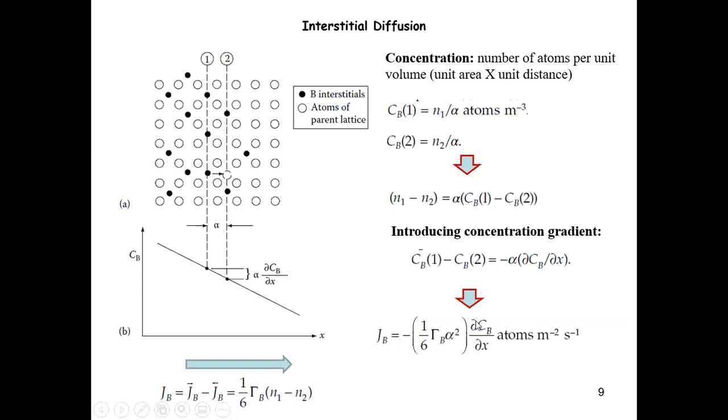Okay, so now plugging all this mathematics into our original expression of B, which we derived in this very intuitive way, we end up with this expression. You can now see that the flux of atom B, from left to right in one direction, is proportional to the minus of a constant, for a given material and a given temperature, times the gradient of the concentration of that particular atom.